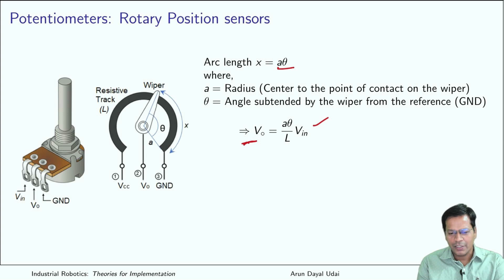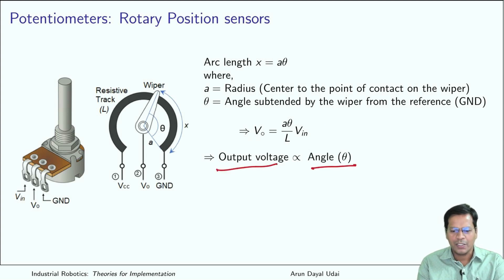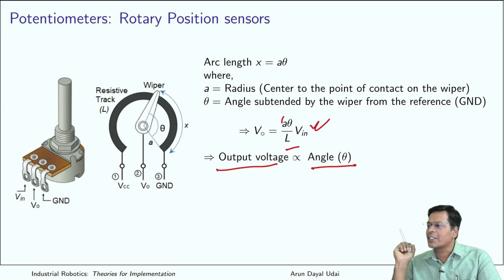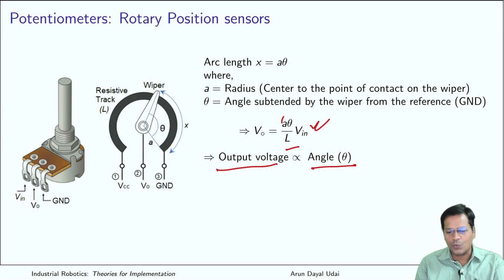So finally output voltage now is proportional to theta, because voltage input is constant, the total strip length is constant, a, that is the radius, is constant, so overall output is proportional to theta. You got it? So this tool now can be used as an angle sensor. If theta is equal to 0 degree, output will be 0.